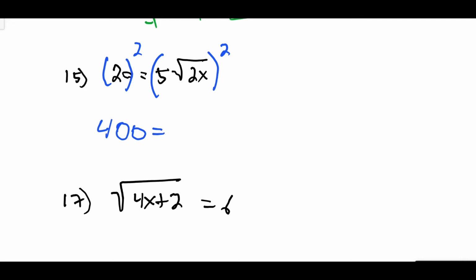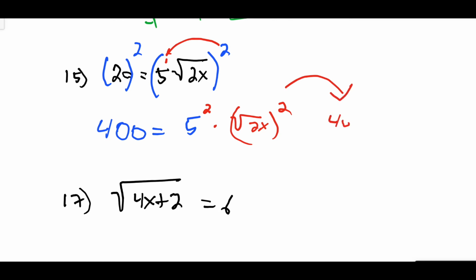So you're going to end up with 5 to the power of 2, because it's 1 times 2, and now you end up with 400 equals 25 times 2x. Now you can shockwave it.